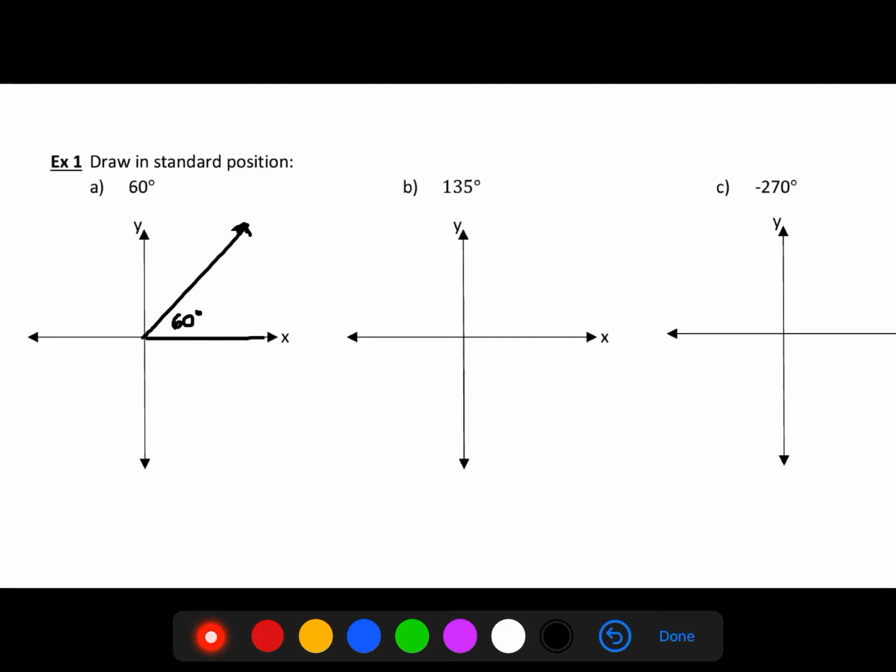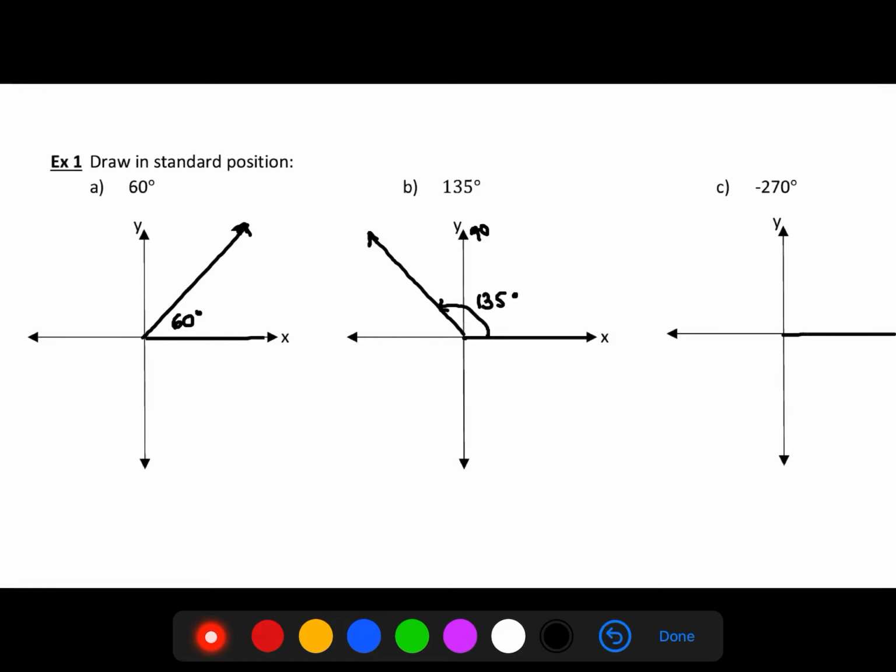If we are drawing a 135-degree angle, we know that we're going to go to the y-axis, creating 90, and we're going to go another 45 past that to create our 135. And we know that the 45 is going to cut our second quadrant in half, and we've got our angle of 135 degrees.